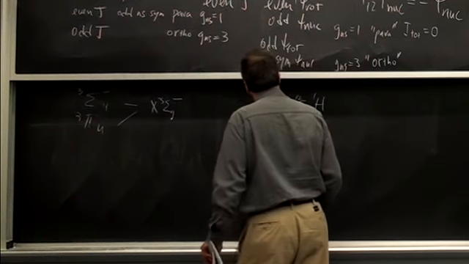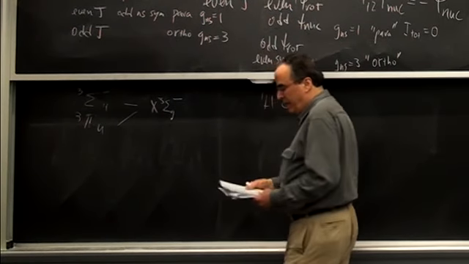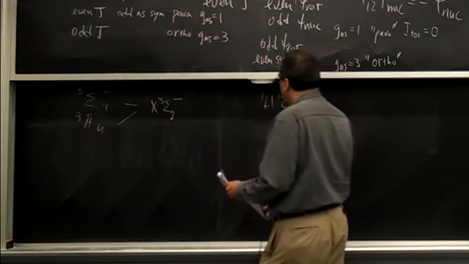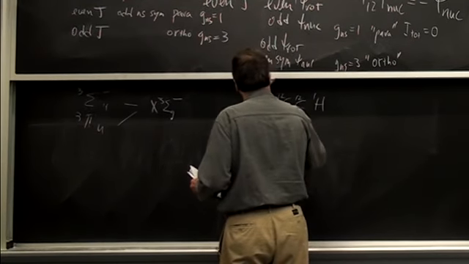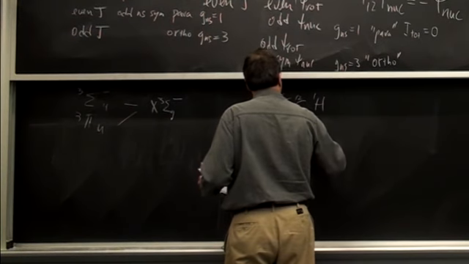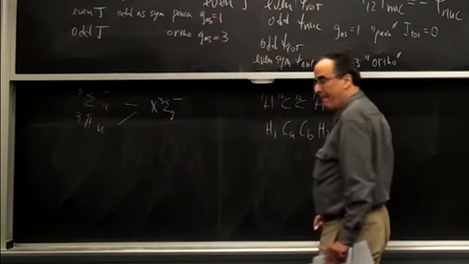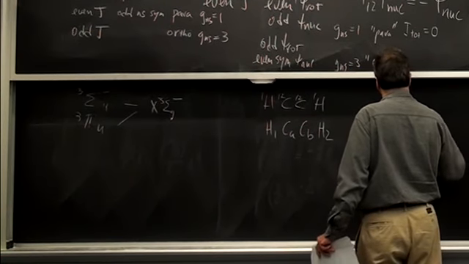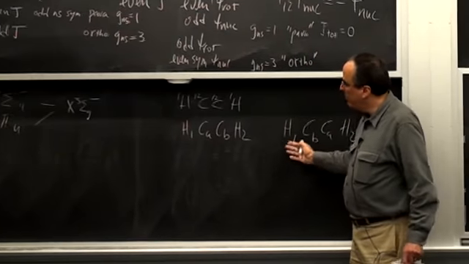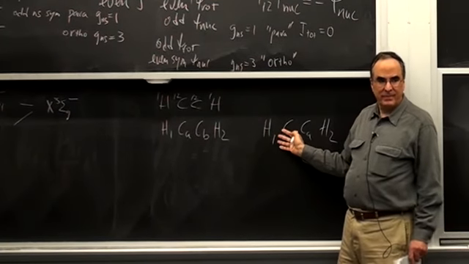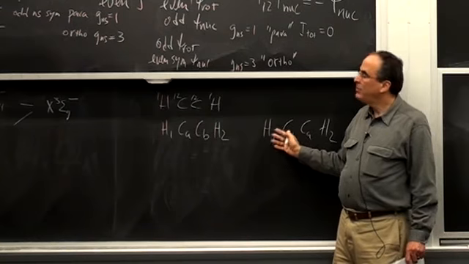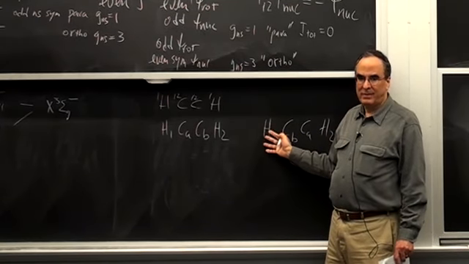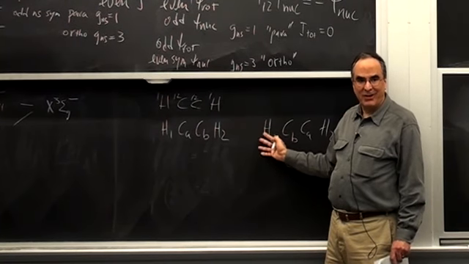And so for acetylene, if we label the levels H1, Ca, Cb, H2, well, there's another molecule, H1, Cb, Ca, H2. There are two identical structures. Two bonded networks, which are identical. And there are only two as far as I can figure out.